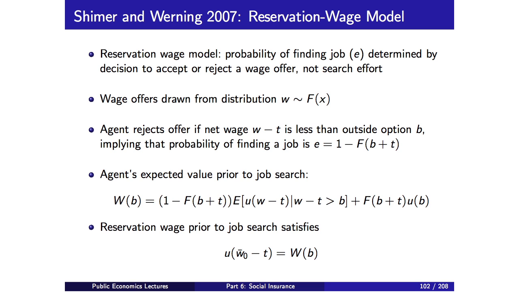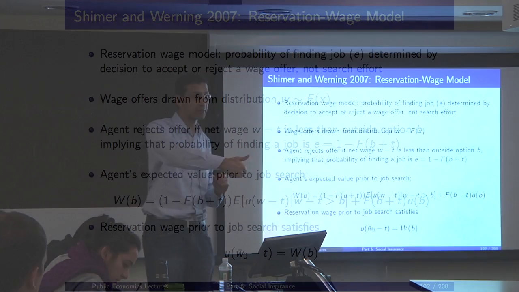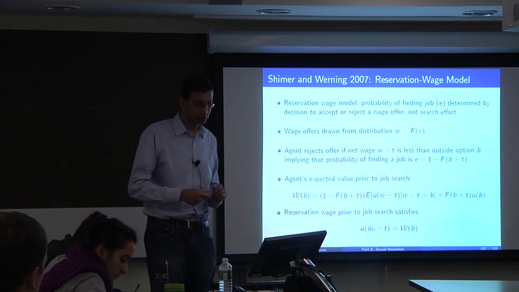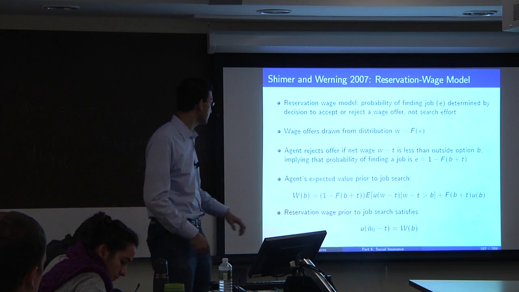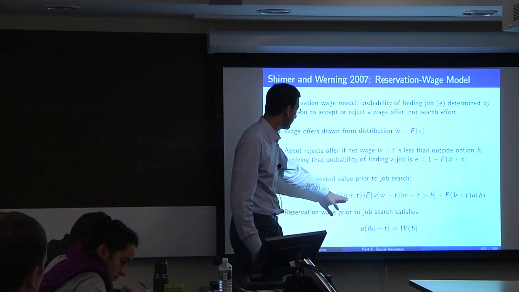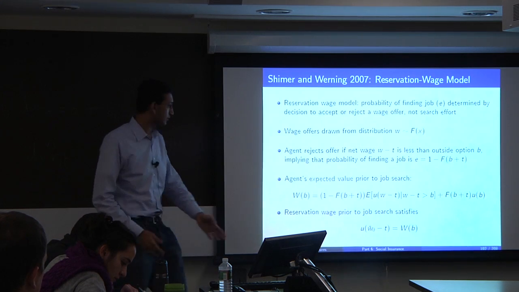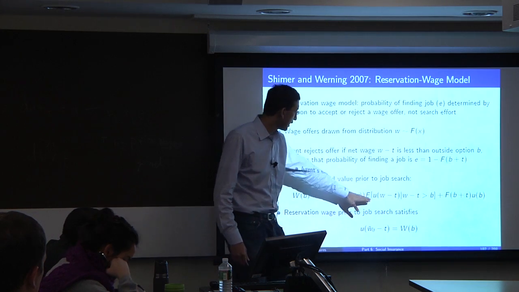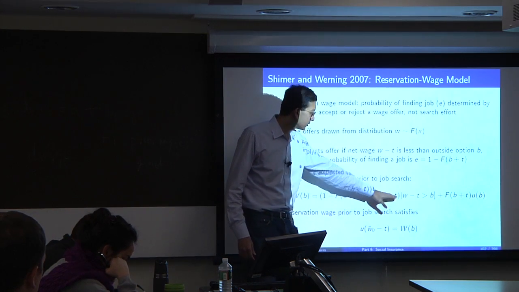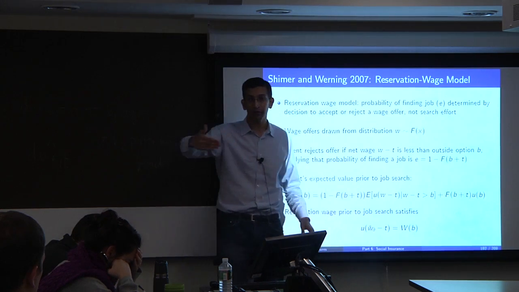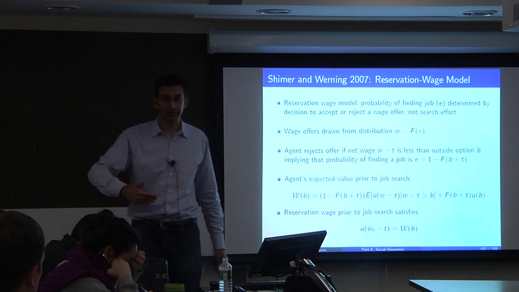Okay, so with that decision rule, we can write the agent's expected value prior to job search, before he actually makes the draw from the distribution, as follows. It's the probability that he gets an offer that he wants to accept, that's this part here, times his expected utility conditional on getting an offer that pays more than B plus T, right?